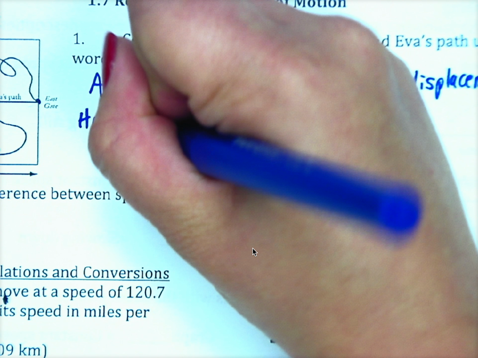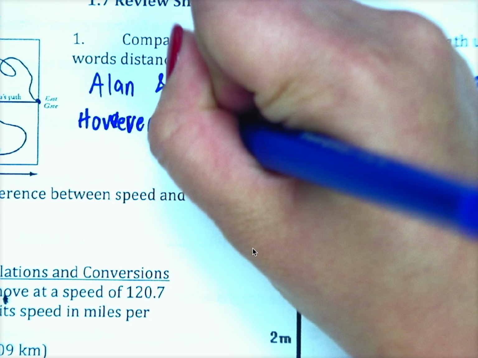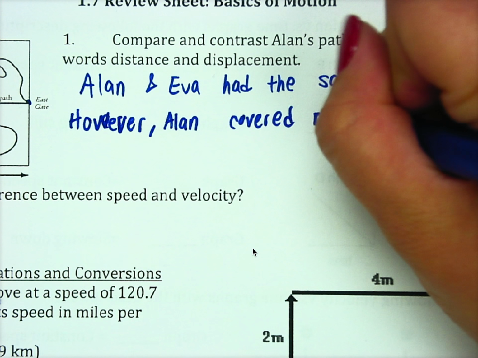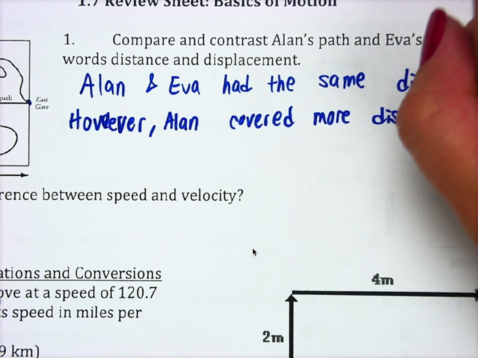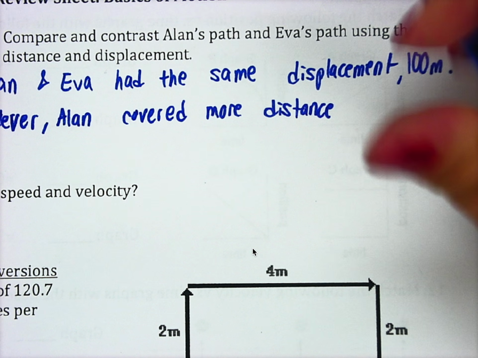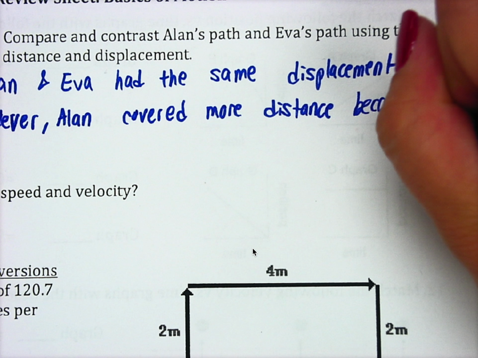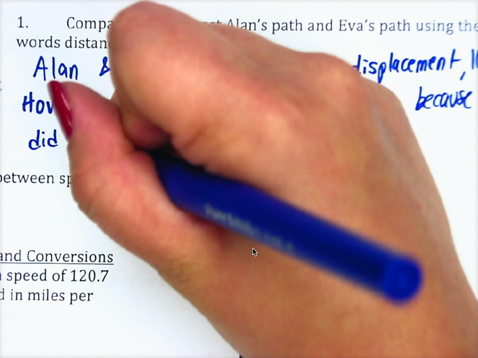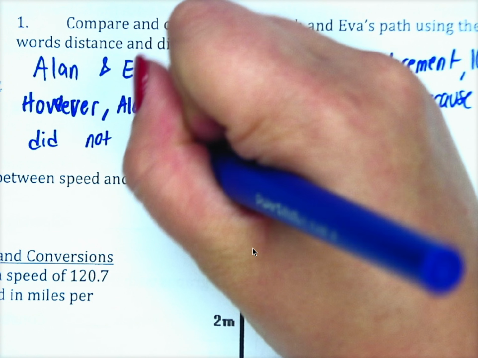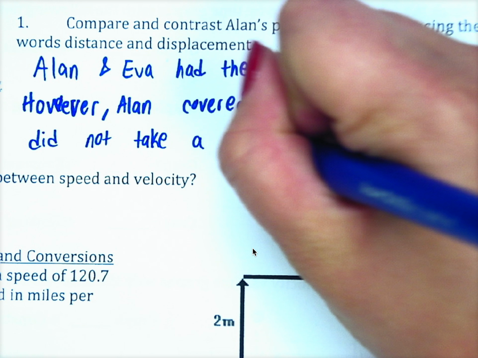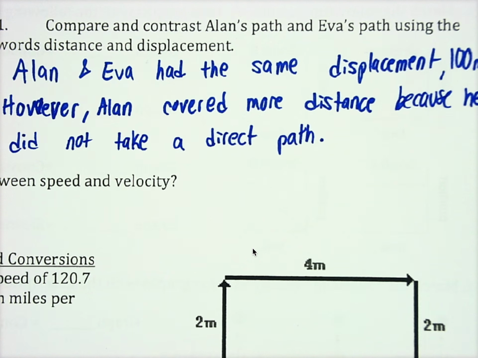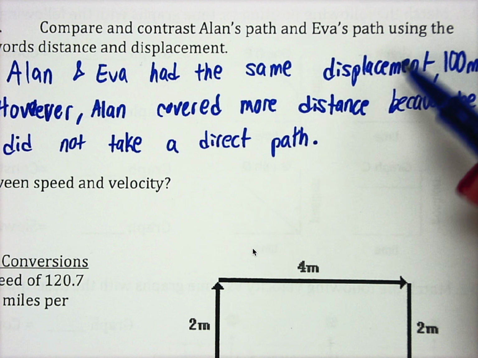However, Alan covered more distance because he did not take a direct path. Okay, so they have the same displacement but different distances.